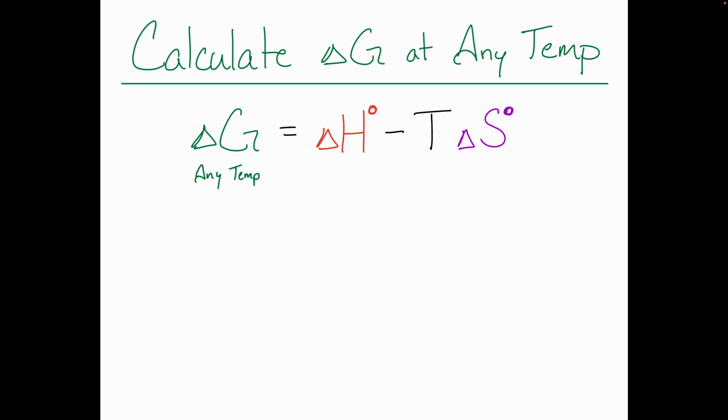Now this is just an approximation because enthalpy and entropy also depend on temperature, but not nearly as much as delta G does. So we can get a pretty good idea of what our delta G is using our standard enthalpy and standard entropy values.